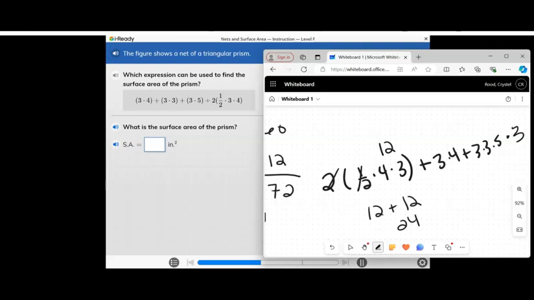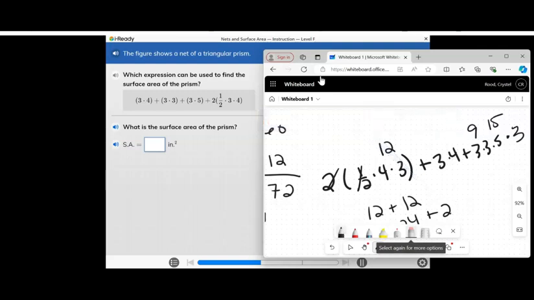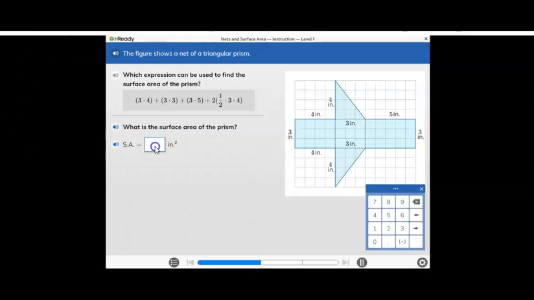And then 9 plus 15 is 24. And then 24 plus 24 is 48. So I plug that in.